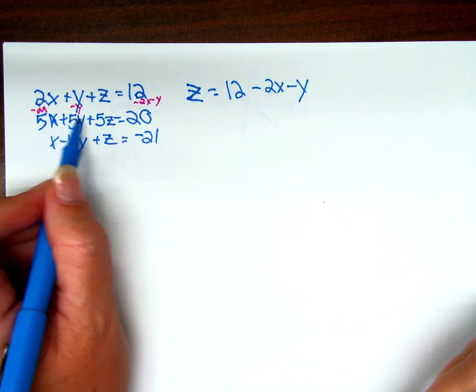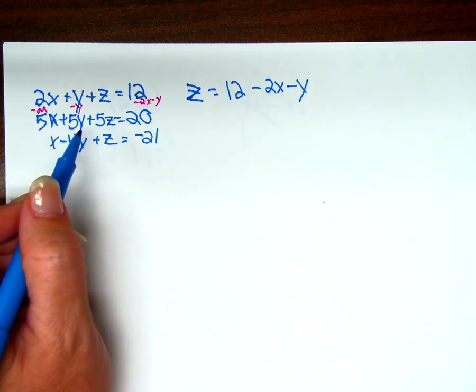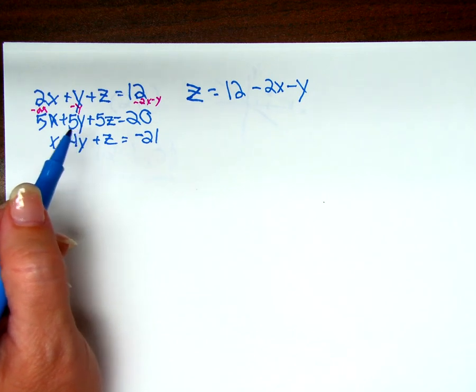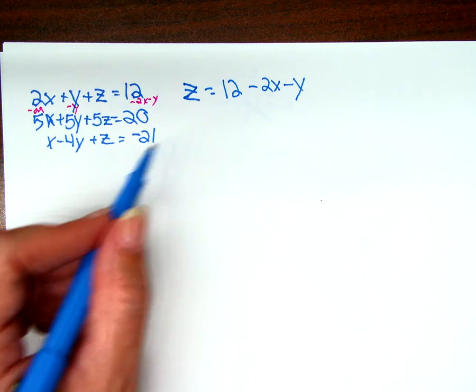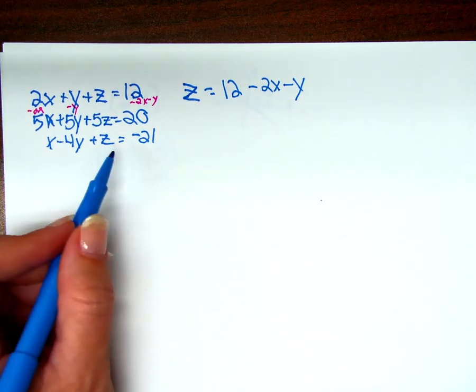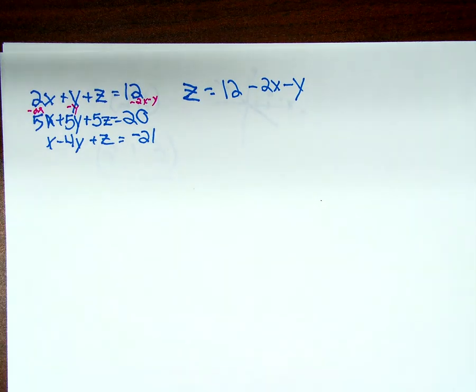And won't that give me one equation with x and y? If I have one equation with x and y, what do I need? Another one with x and y. So couldn't I take the same idea, take the thing I know for z and plug it into the third equation and make z go away and have an equation with just x and y? Okay, so what do you want to do first, middle one or bottom one?